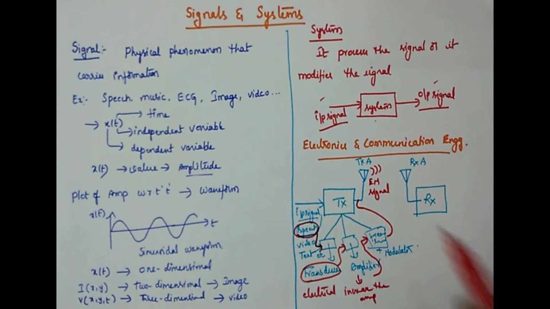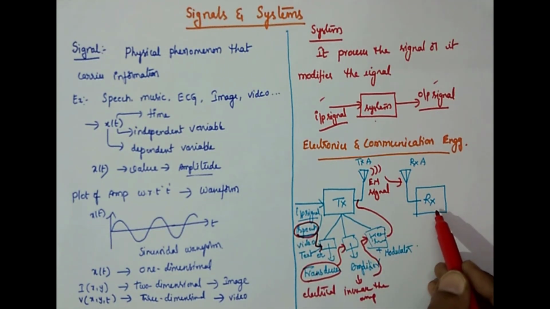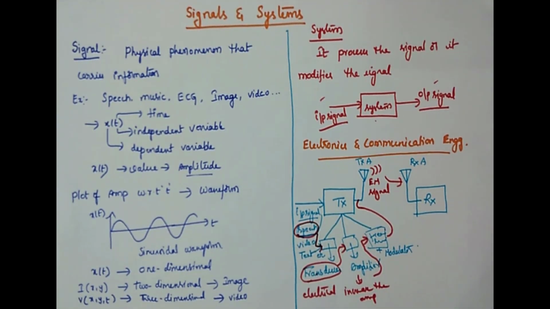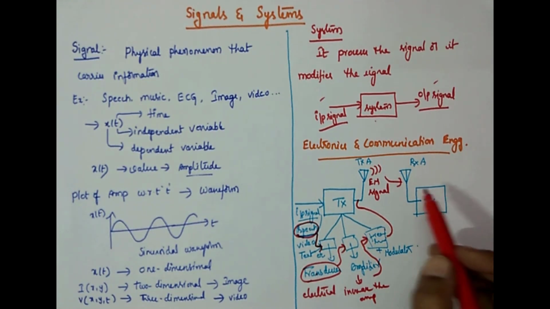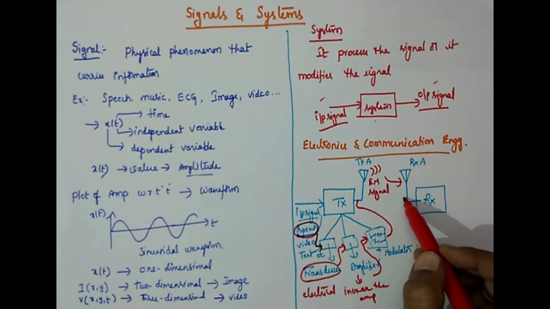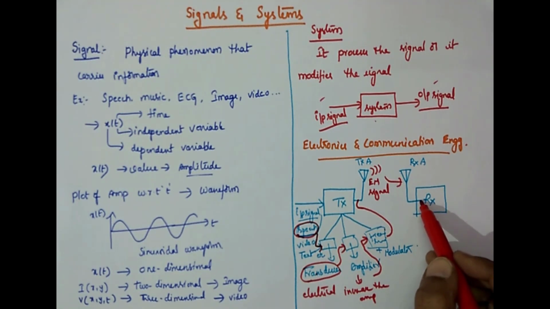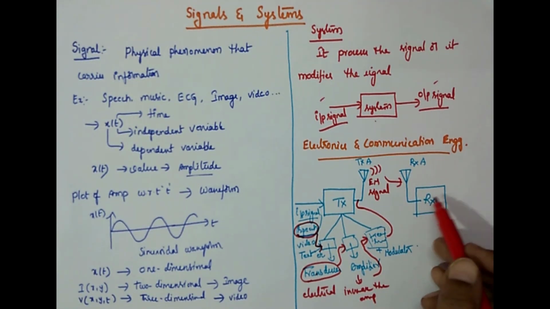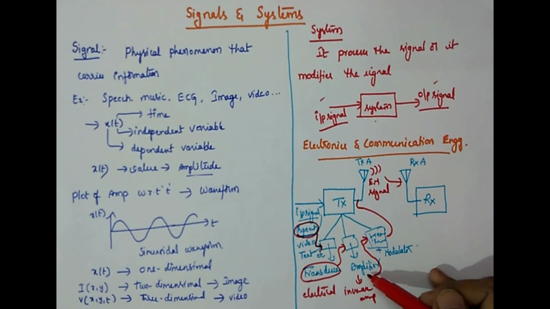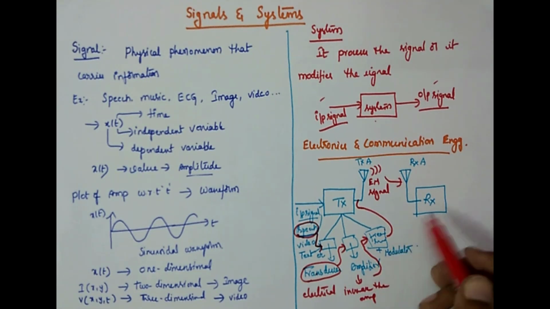This signal gets received by your receiving antenna. Exactly the opposite will happen in the receiver. The receiving antenna converts the electromagnetic signal into an electrical signal. The first stage is the demodulator circuit or frequency selective network. After that, the signal is given to an amplifier if needed, or if not needed, no need of any amplifier.